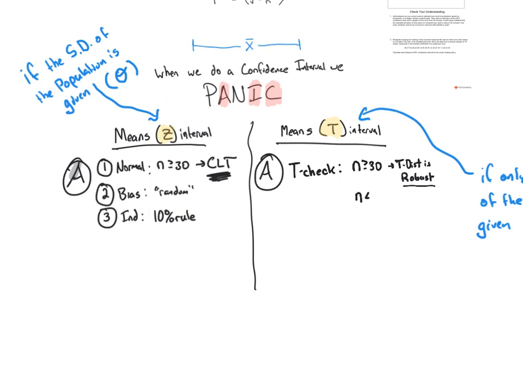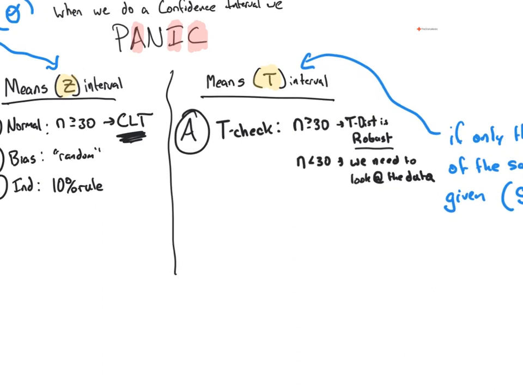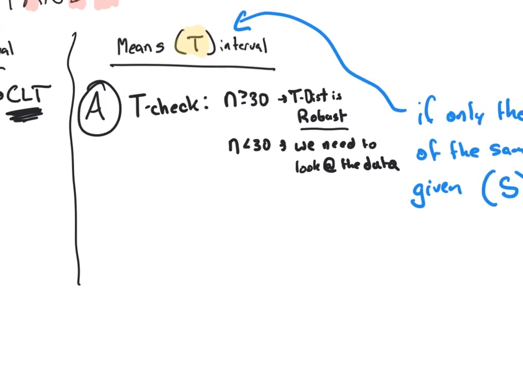If n is less than 30, we need to look at the data and see no outliers and no extreme skew.